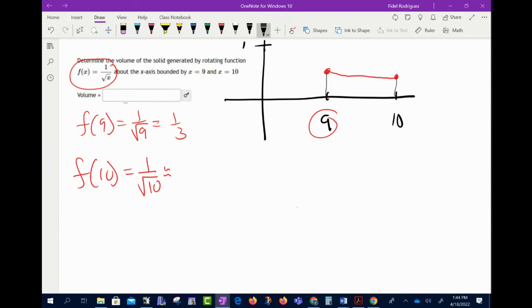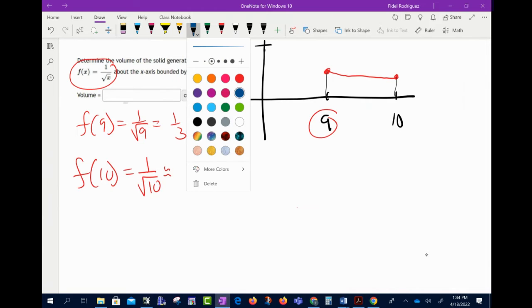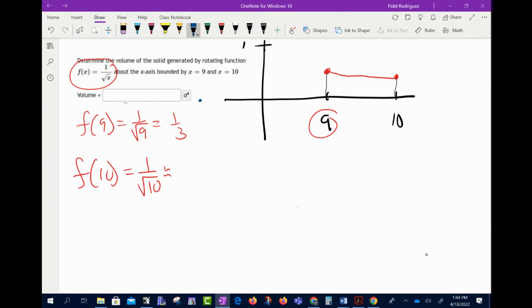Since I'm rotating about the x-axis, think about making the x-axis a little dotted line, and if I could fold my paper along that dotted line, wouldn't we then have something like this? Because that's the mirror image. It's kind of like the x-axis is my mirror.